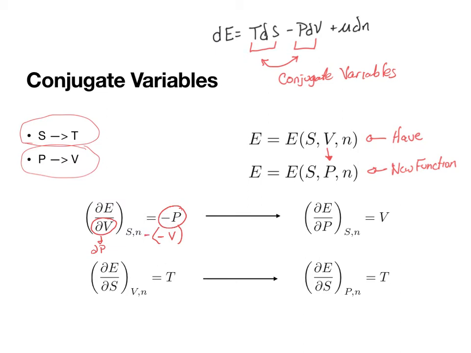And so the conjugate variable of negative P is going to be negative V, and we have to take the negative of that. So that gives us that the partial of the energy with respect to P is equal to V. So notice these flipped, but what is being held constant is the same.